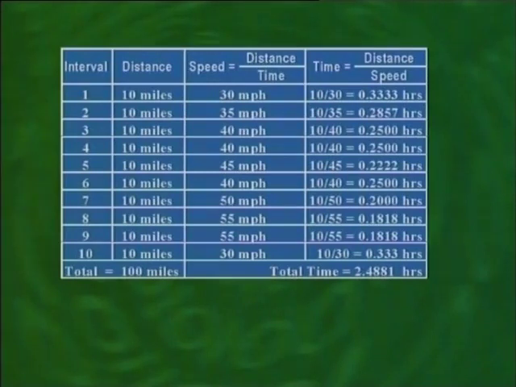Proceeding in exactly the same manner for all the intervals, we obtain the successive times as 0.2857 hours, 0.2500 hours, and so on.